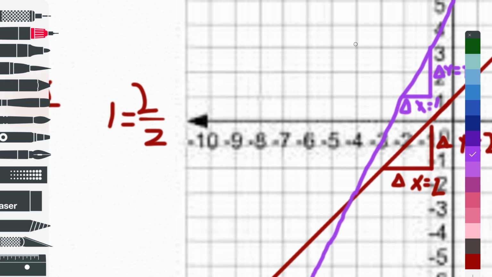So you would call this one 1 over 2. That's the slope of this line, 1 over 2.